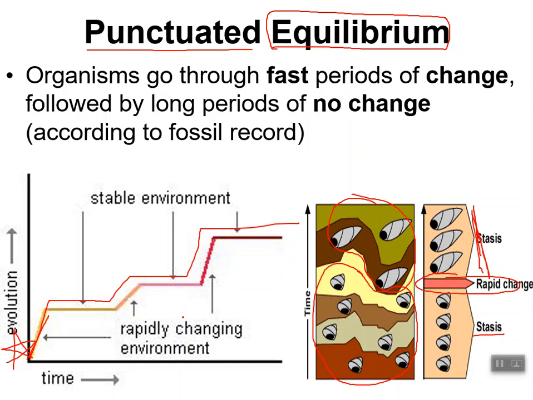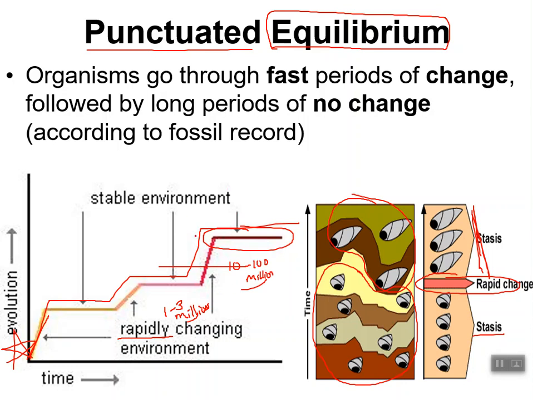Our 70, 80, 90-year lifespan is laughable compared to that, right? So remember, quick or rapid evolutionarily is still on the order of millions of years. And these prolonged periods of stasis, 10 to 100 million years easily.